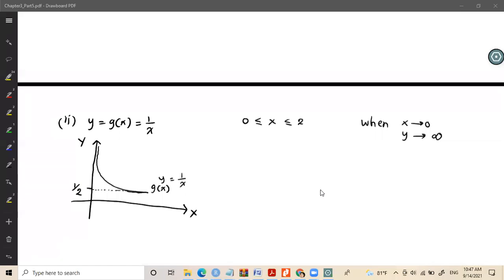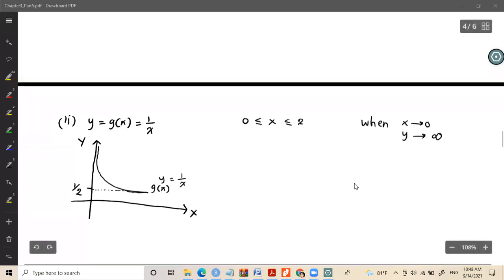Okay, so y goes to infinity. So now you can see the support. So y will always be less than infinity, but the lower limit will be 1 over 2. Okay. Right.